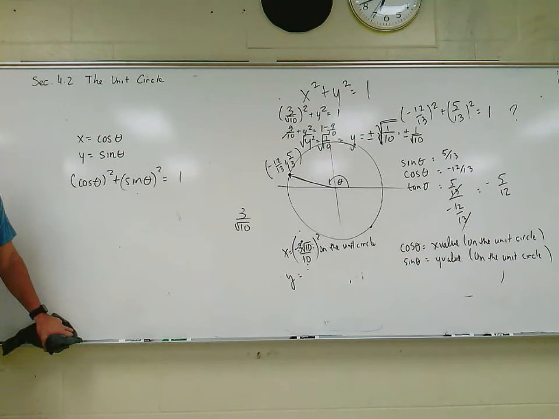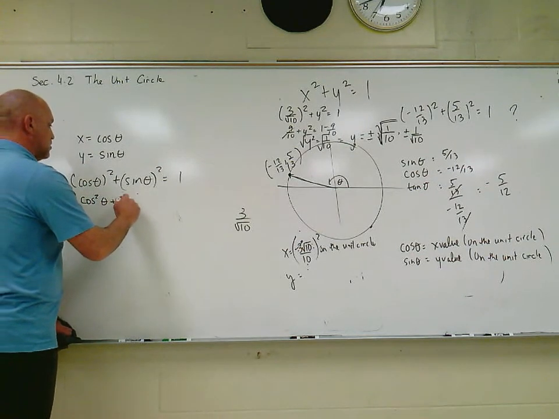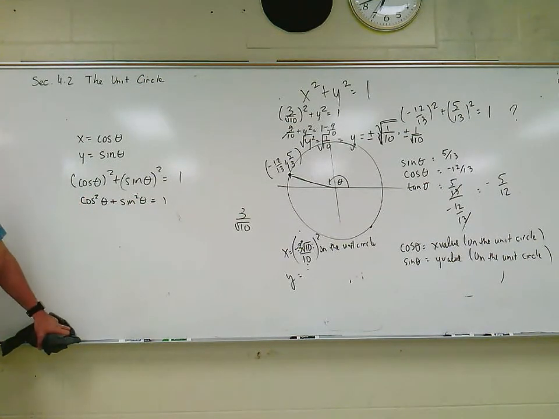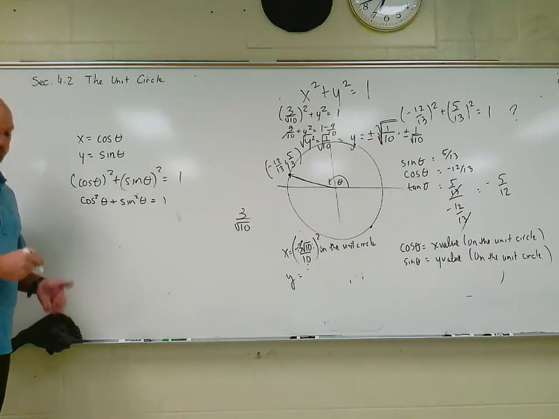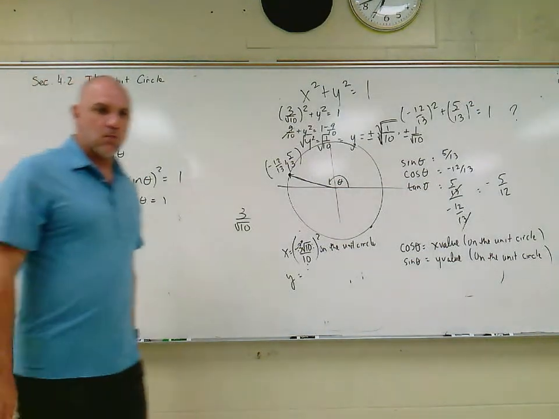Last thing we're finishing with, the Pythagorean identity. Remember, you write it like this: cosine squared theta plus sine squared theta equals 1. You can change the order, sine squared plus cosine squared. Boom. That's where it comes from. That's it. Nothing more will I teach you today.